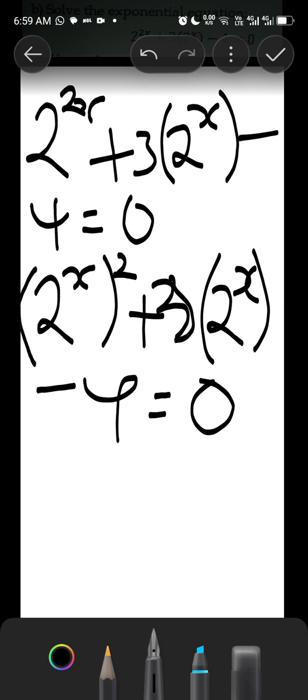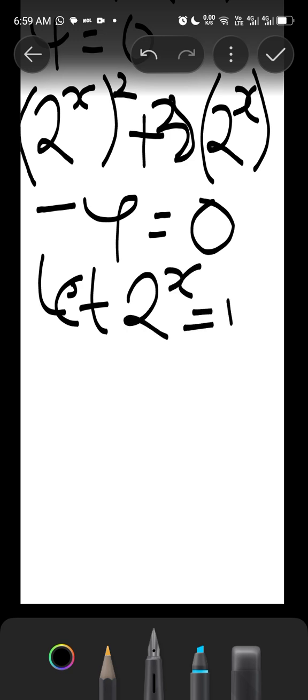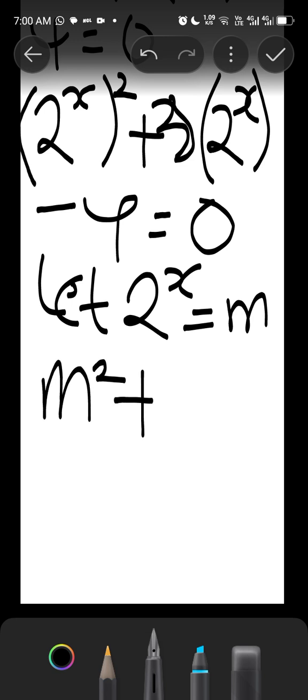So we're going to introduce m as our variable for the common exponential, which is 2 to the power x. So let 2 to the power x be equal to m. Therefore, wherever there is 2 to the power x, we're going to replace it with m. So this is going to be m to the power 2 plus 3m minus 4 is equal to 0.